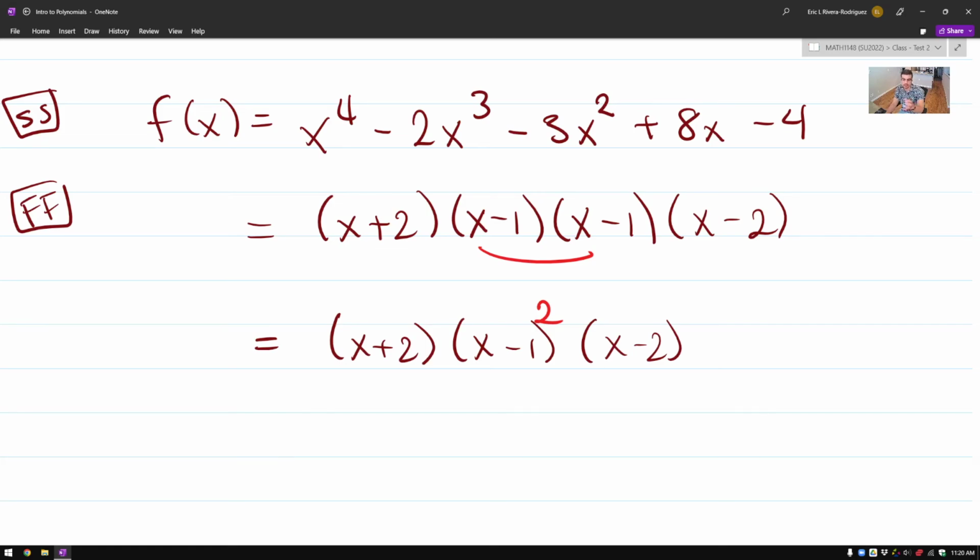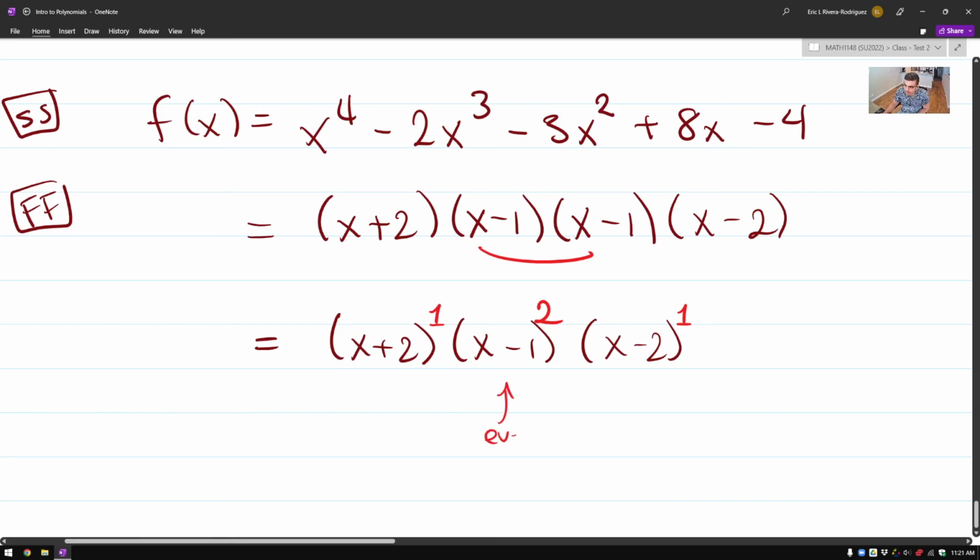Well, almost everything, but we can get an idea of where the x-intercepts are, the shape of the graph, and the degree of the graph. This is important here. These are 3 linear factors, so the exponents of these sets of parentheses are 1, 2, and 1. Remember, this is an even multiplicity.